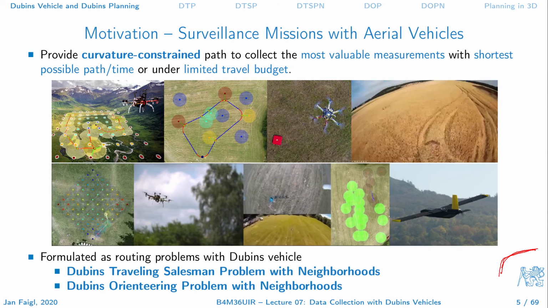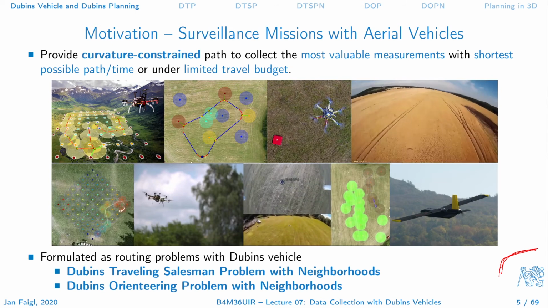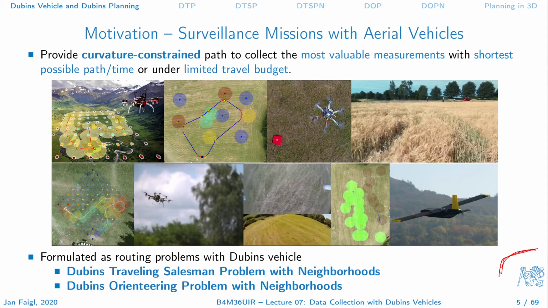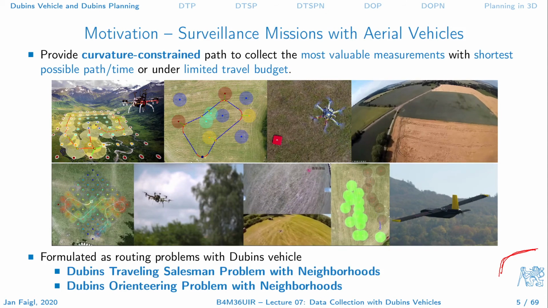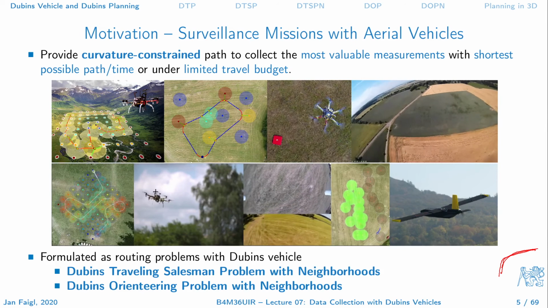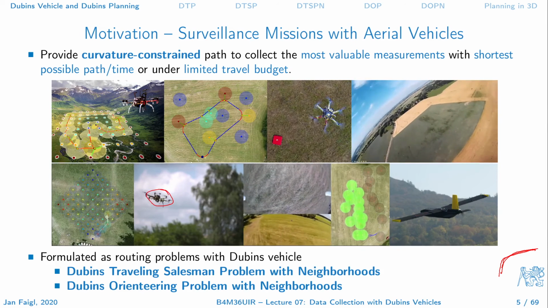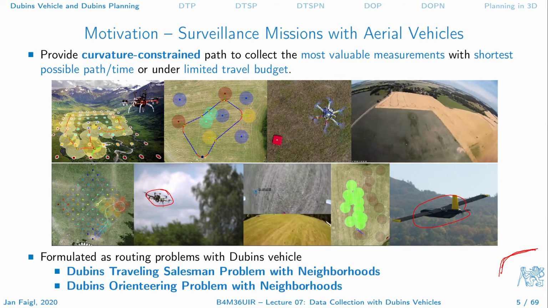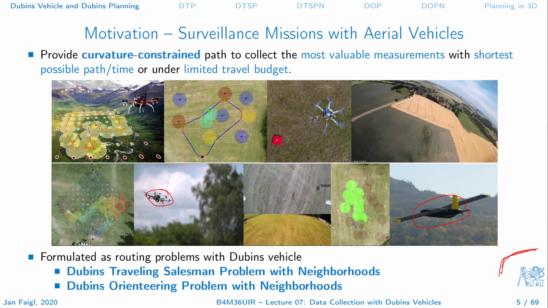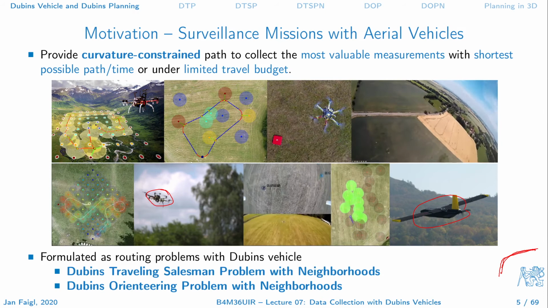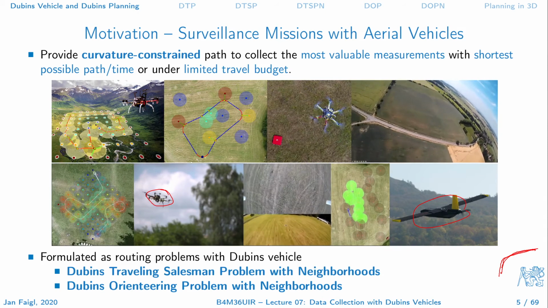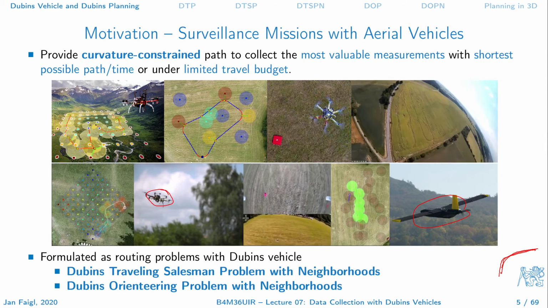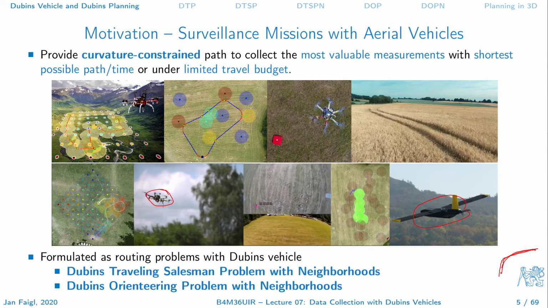And similarly to any data collection planning we discussed previously, we can have the limited travel budget, which is especially true for these vehicles. This type of fixed wing aircraft has usually much longer endurance, in tens of minutes and maybe hours, but this is usually less.